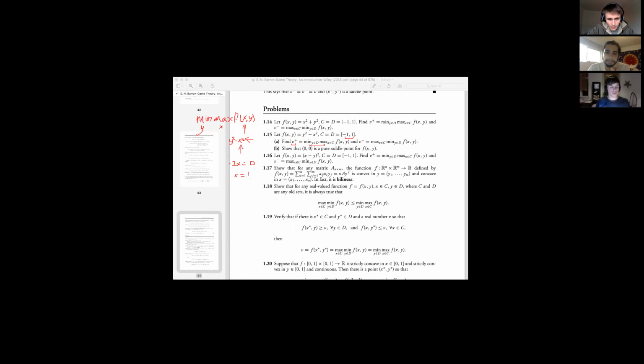Cool. But then the only thing that you know is that x equals 0 is either a maximum or a minimum or a saddle point of x squared. So if you wanted to be really rigorous, you would have to take the second derivative and check whether that's positive or negative.